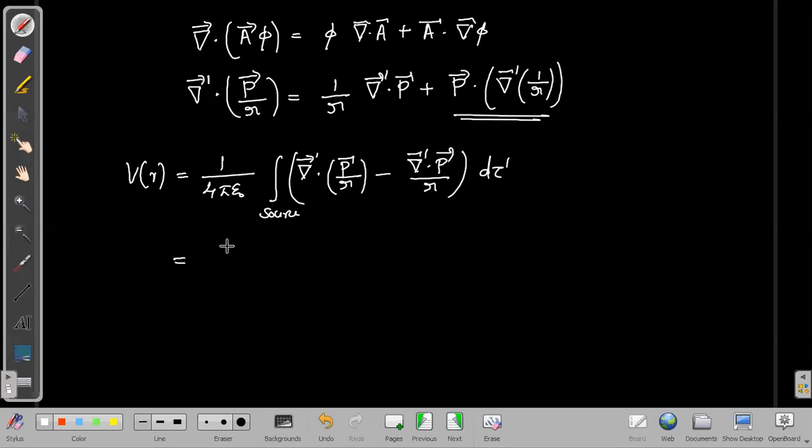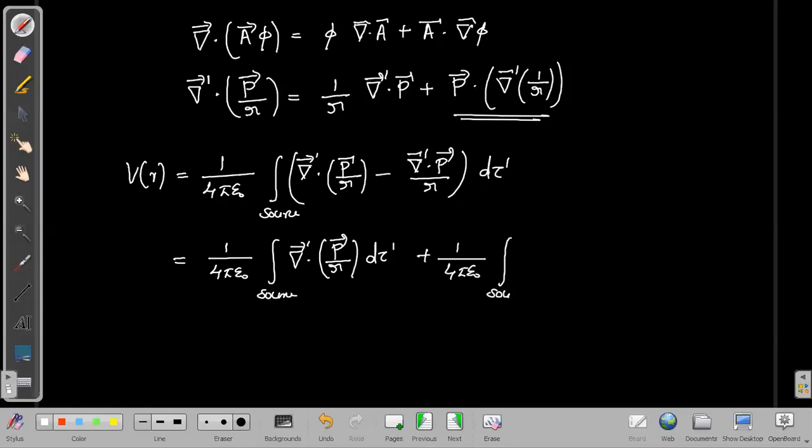So I will divide this into two integrals: 1 by 4 pi epsilon 0 integral over the source region of del prime dot P by script r d tau prime, plus 1 by 4 pi epsilon 0 integral over the source region of minus del prime dot P by script r d tau prime.